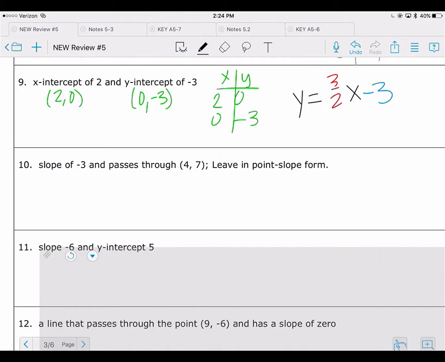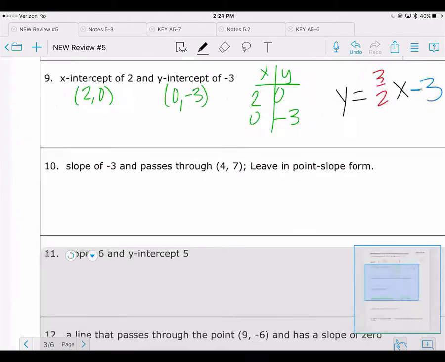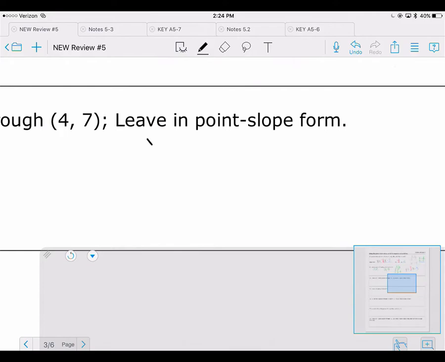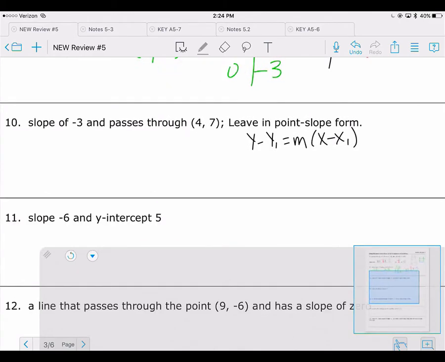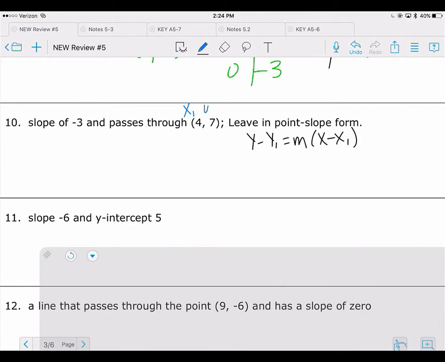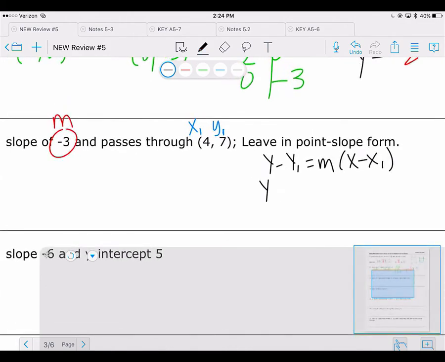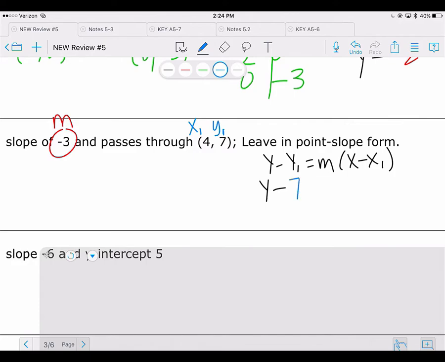Problem 10 gives me a slope and a point and asks me to leave it in point-slope form. So before I write my answer, I'm going to refresh myself on what point-slope form looks like so I can plug it in correctly. And I label my point x1 and y1 as well as my slope m. When I plug in, y minus y1 changes signs.